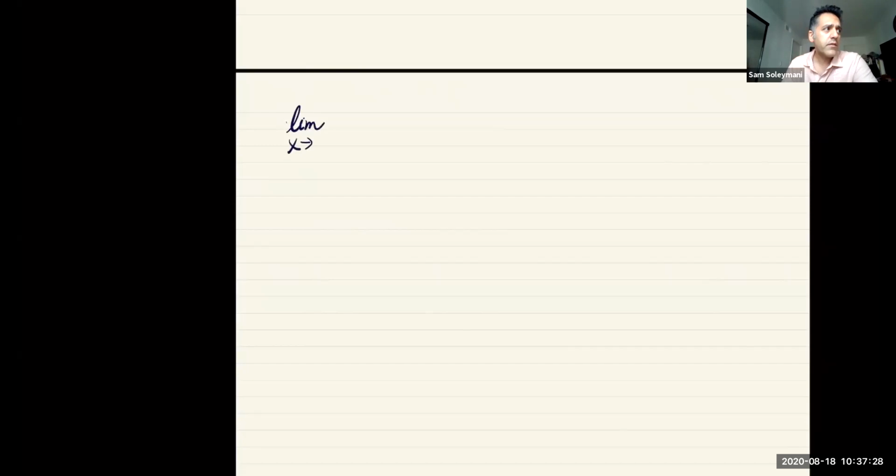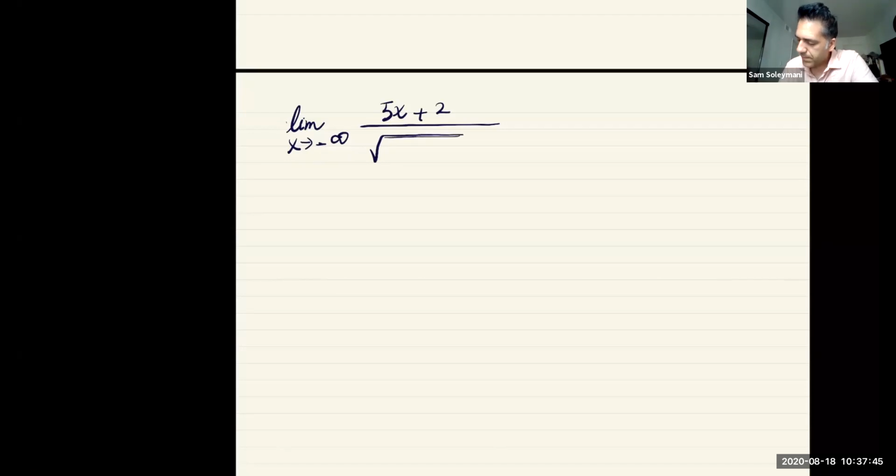Let's say we have the limit as x goes to, let's say, -infinity of 5x plus 2 divided by 10x squared plus x. I'm just making stuff up.